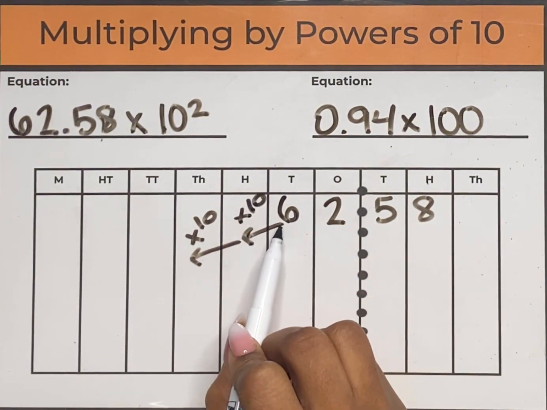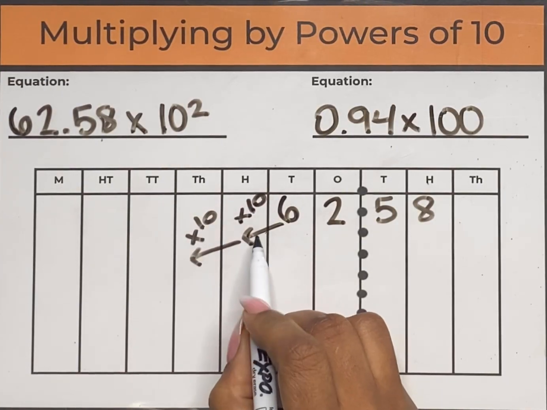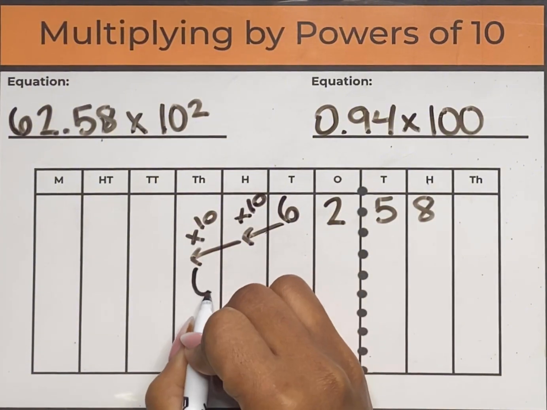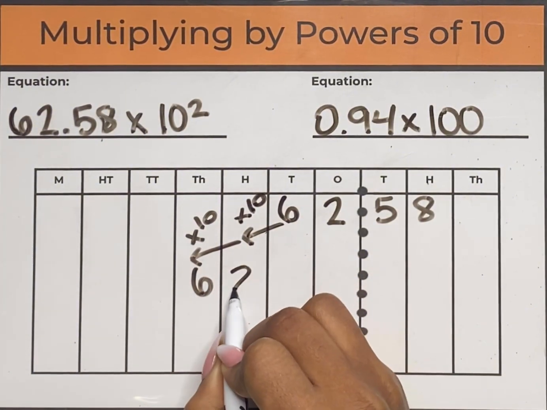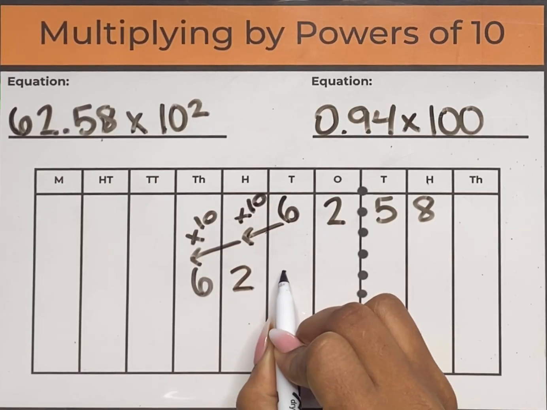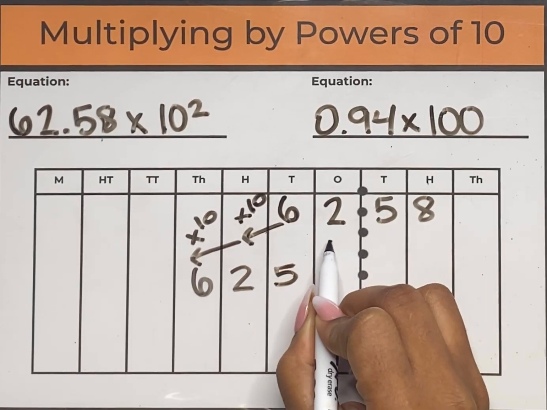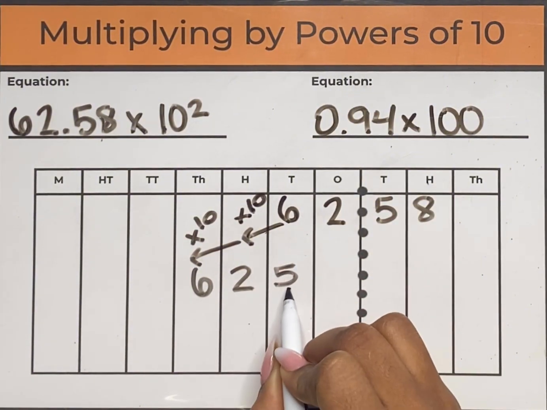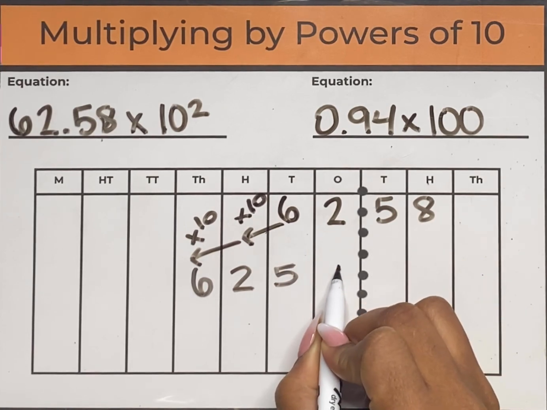Okay, so I start in the front of the number and I move forward twice. Now, the 6 is in the thousands place. The 2 is in the hundreds. The 5 that was in the ones place also moves forward and is now in the tens place. The 8 that was in the hundredths is now in the ones.